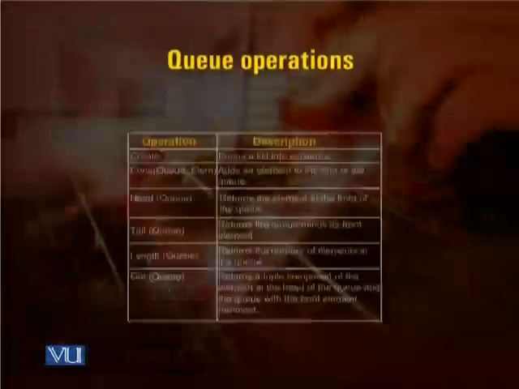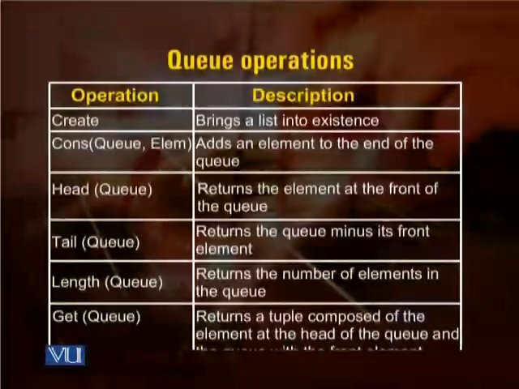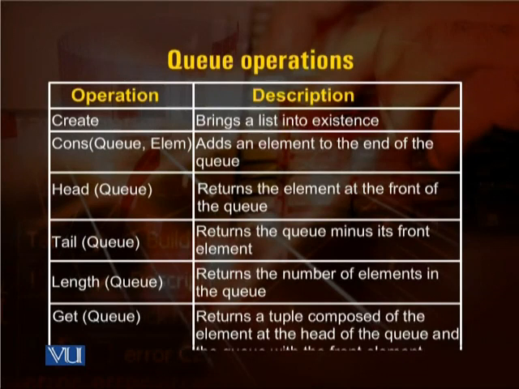In the queue, we have the following operations. We have create, which brings a queue into existence. We have this cons operation, which adds the element at the back of the queue, end of the queue. We have the head, which returns the element at the front of the queue.